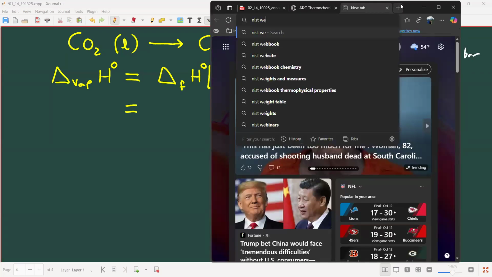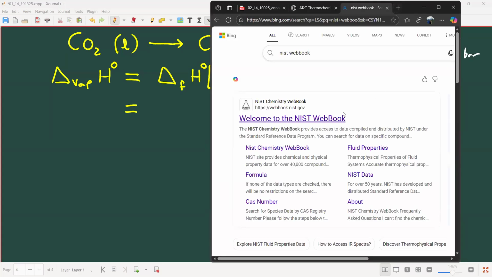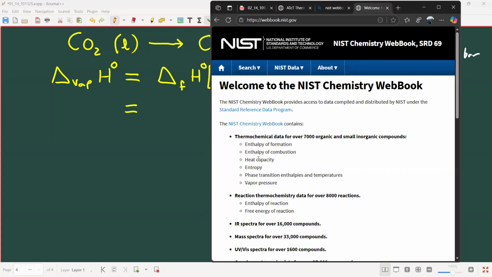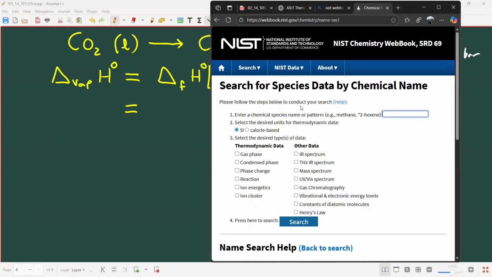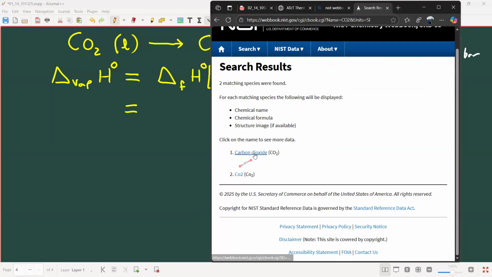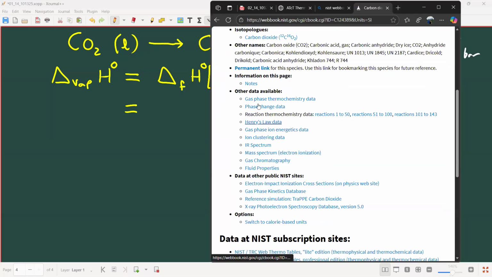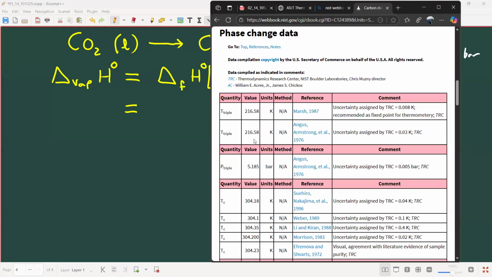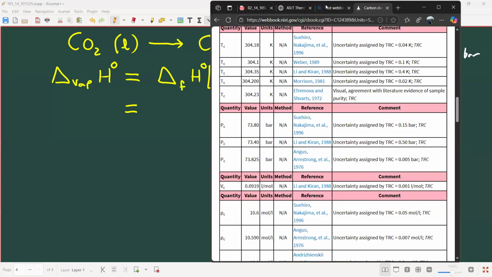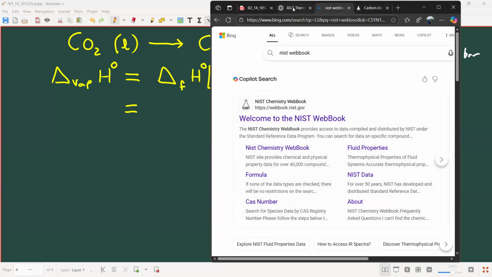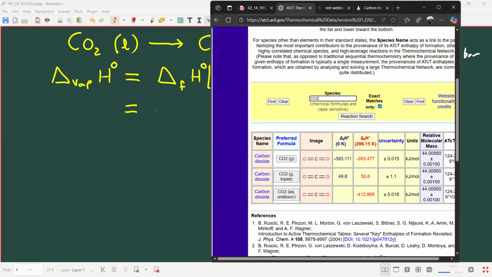Another place we can look. Let's just look one more time on NIST. Not on there either.